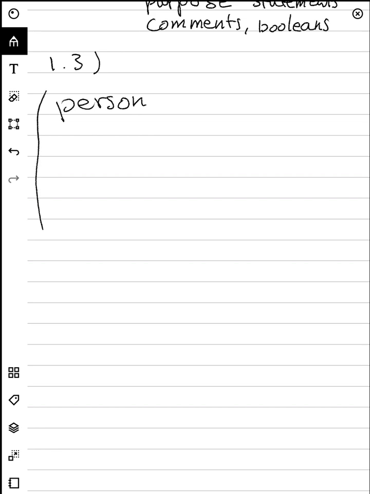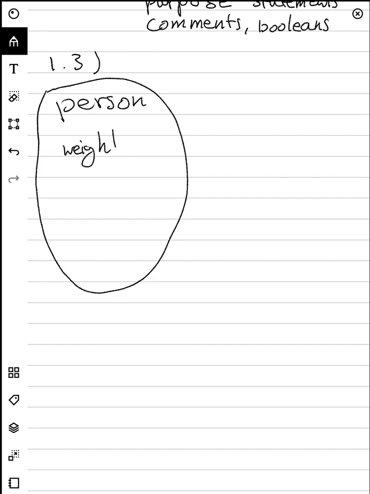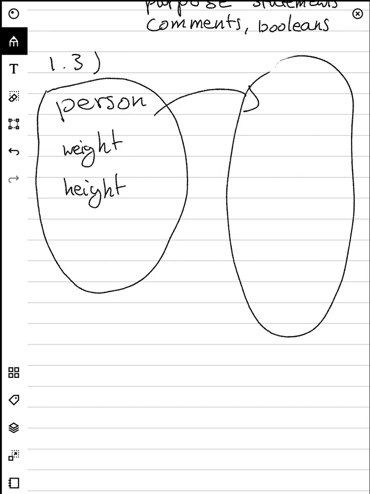Remember how we represented a person, and if they had information like their weight and height, we represented them in our data world. So now let's say a person has a weight, and I believe we decided to have their weight in kilograms. Is that right? Exactly, yes.